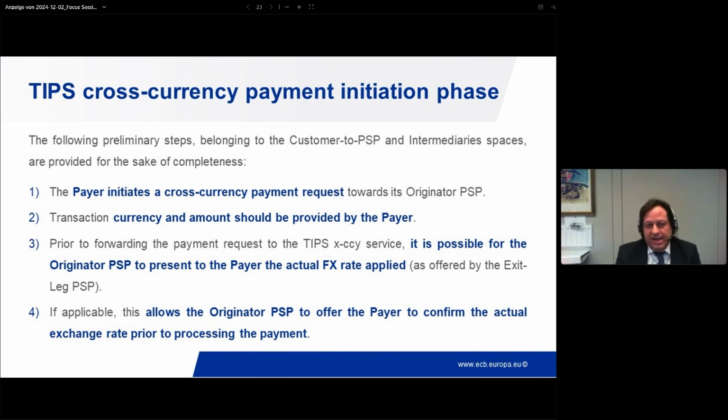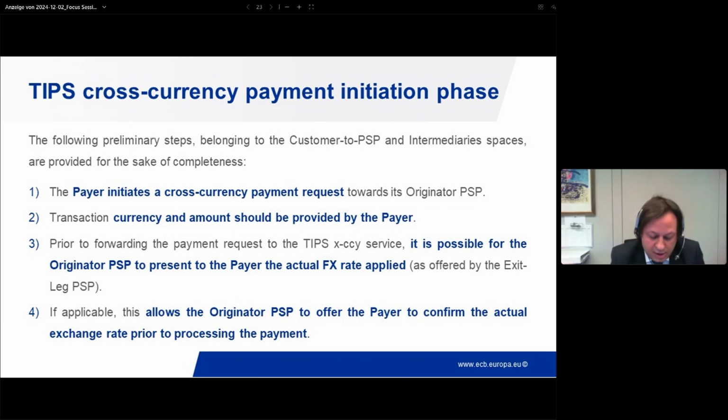This is a bit outside the inter-PSP domain, which is relevant for the CSM, but still, in order to set the expectation, it's important to define what are the fields that would be required in order to create a well-formed cross-currency message into TIPS.